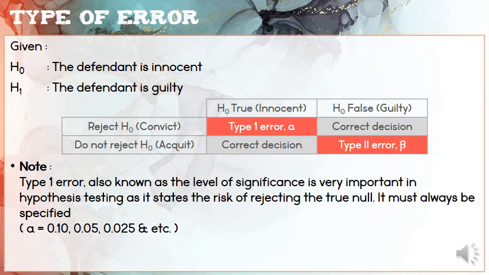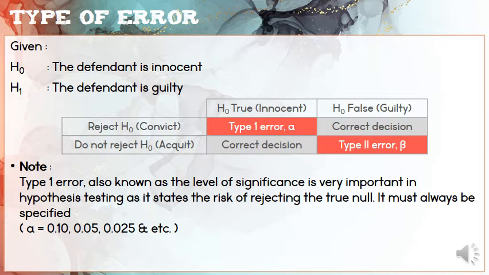Kalaulah dia bagi contoh dekat sini, H null, the defendant is innocent. H alternative, the defendant is guilty. So kalaulah your null hypothesis is true, but you reject your null hypothesis, then you dah commit type 1 error. But if your null hypothesis is false, but you do not reject, then you commit type 2 error.